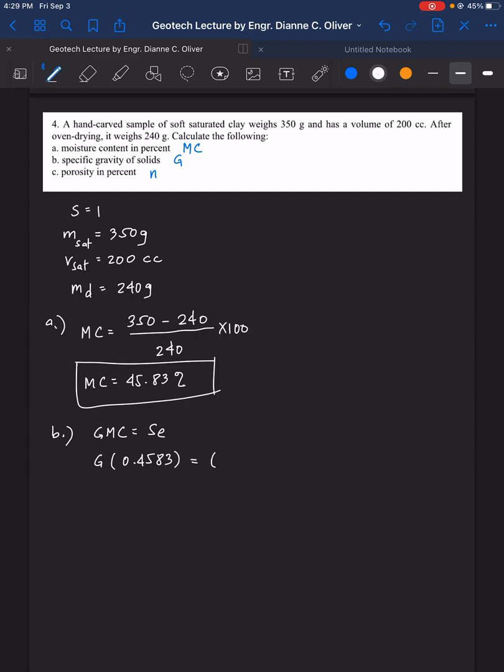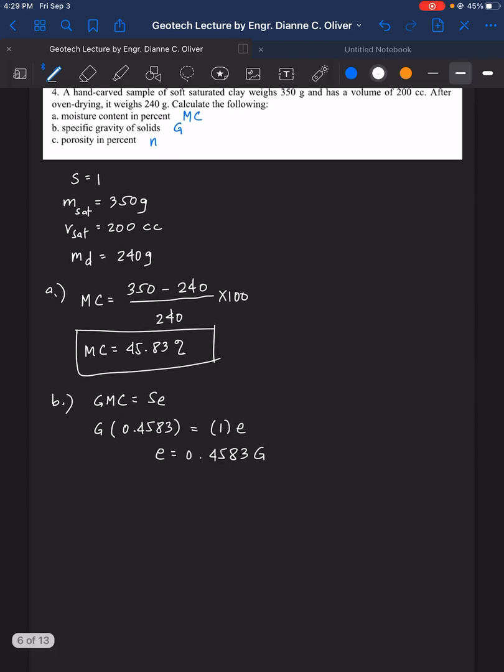The saturation is 1, and then E. So we now have here E is equal to 0.4583 G. Where can we use this so that we can get the value of G?